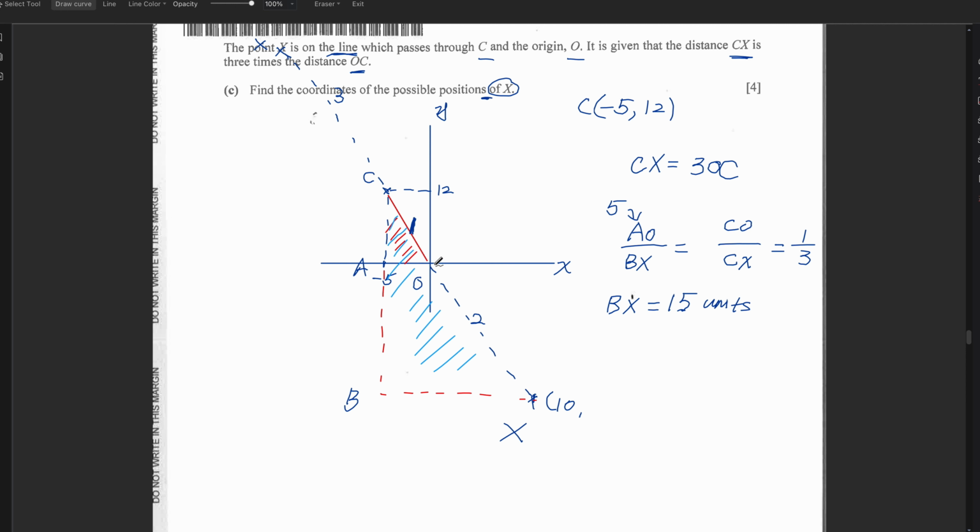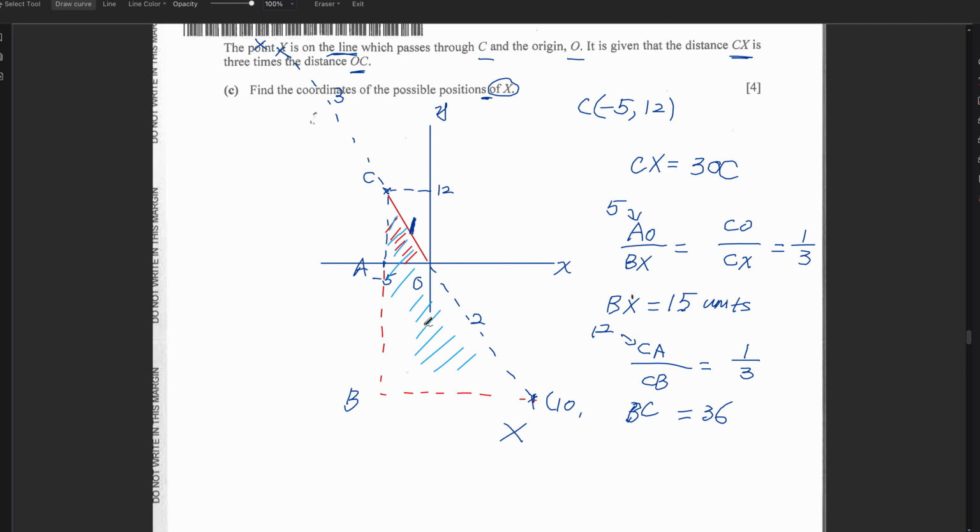Let's go on to see my y coordinate. CA over CB equals 1/3 also. Therefore, CA is 12, BC is going to be 36, because CA is 12.